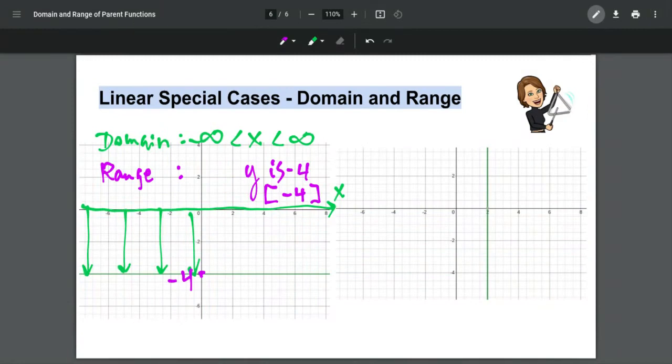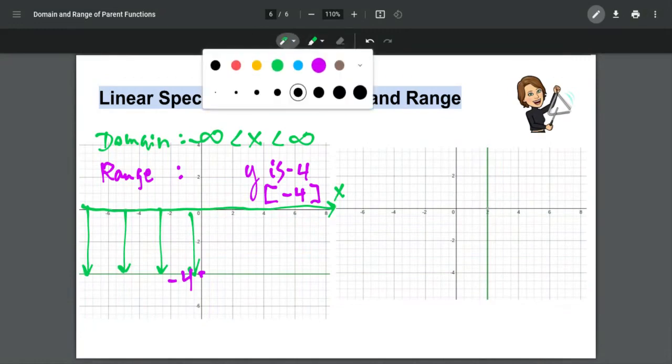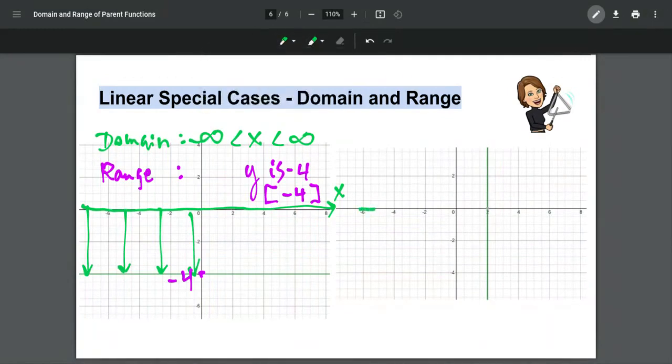Okay, let's look at the final one, which is the vertical, which is also like an exceptional case when it comes to domain and range. Back to your x. Okay, let's look at your x values, input. Is there anything going on left and right? Nothing. No matter how far I look, there will be nothing up until this happens. And it goes through 2 in this case, and then nothing happens again, ever again.